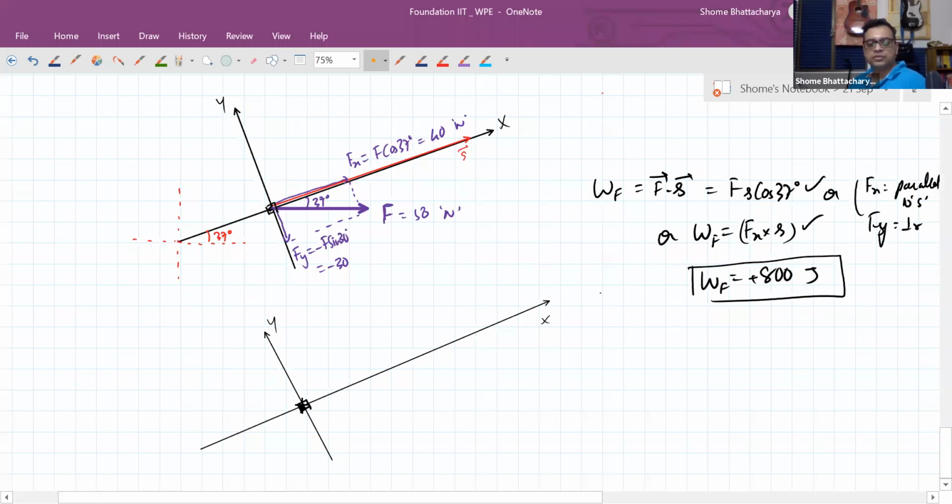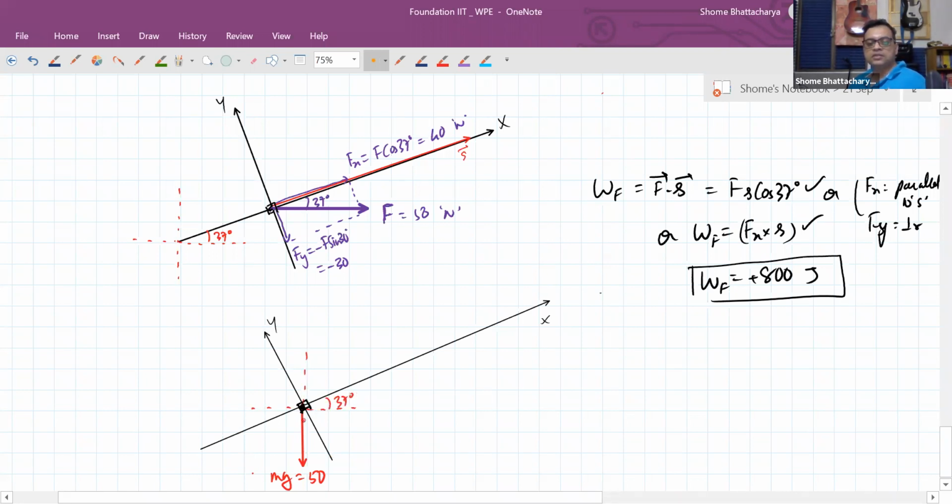The gravitational force acting on this body is acting vertically downwards. So you can see that its magnitude is 50 also. Now you can see that here this angle is 37.